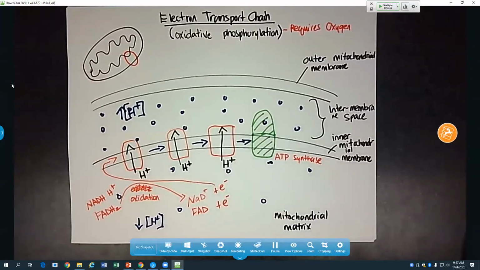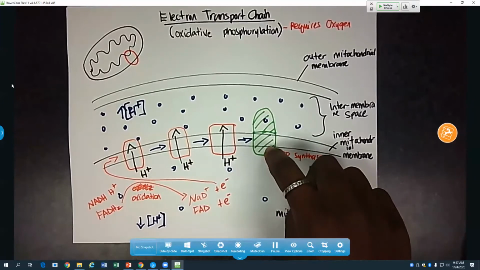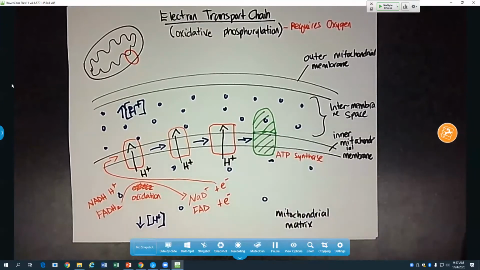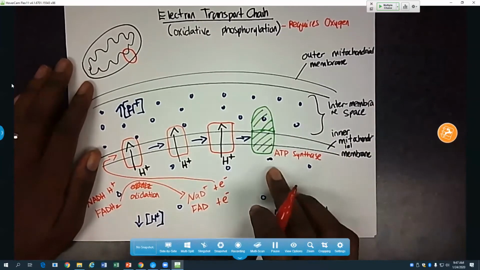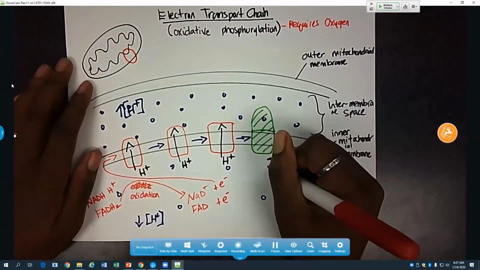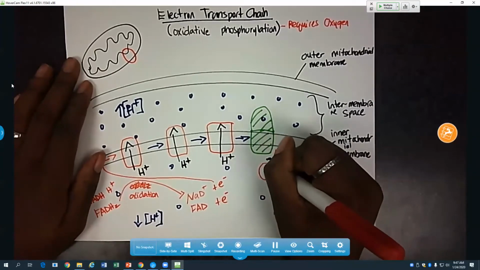Now, very, very important part of this process. In order for the electrons to be passed on somewhere else, right, there needs to be oxygen present. So the whole purpose of oxygen is to be the final electron acceptor here. I'm going to draw one big oxygen molecule.